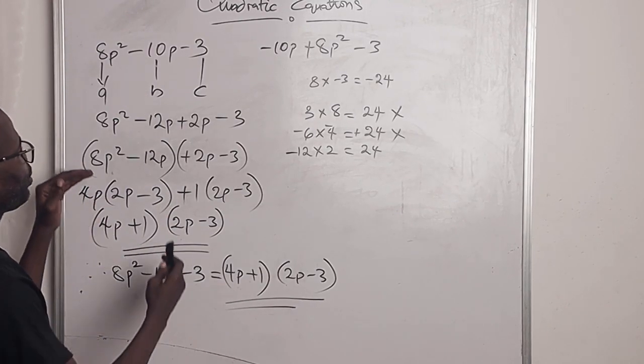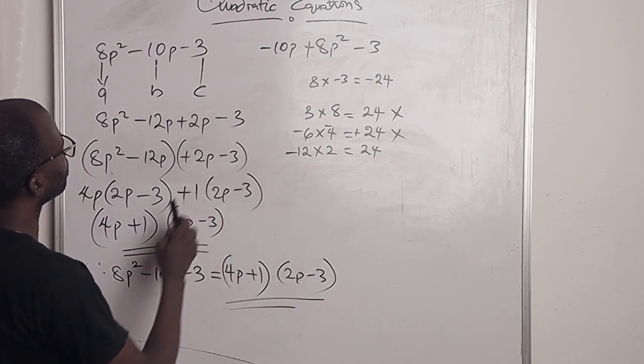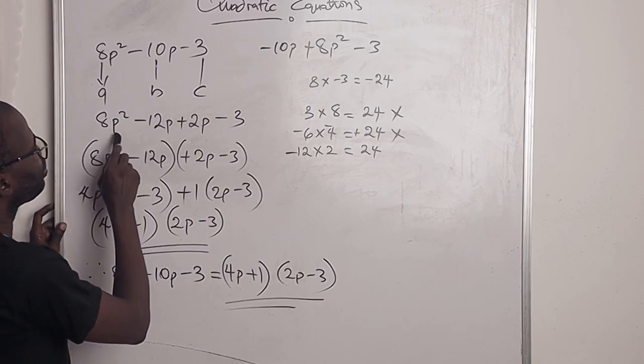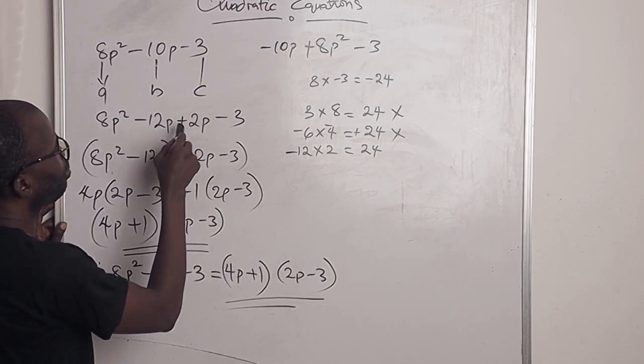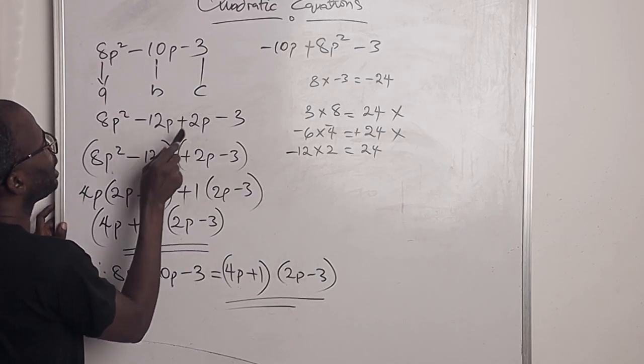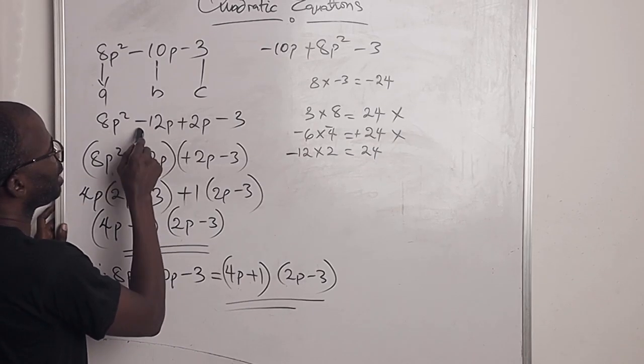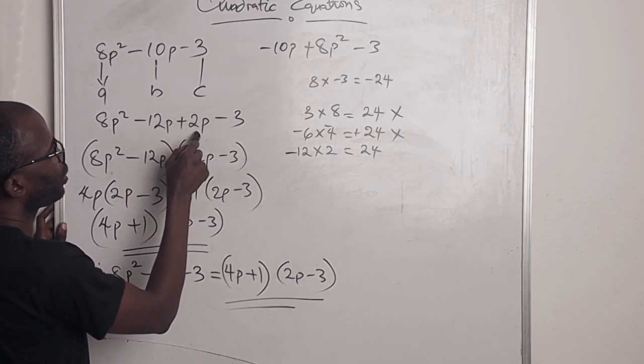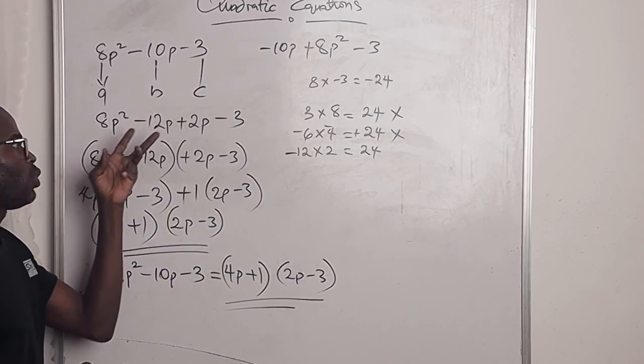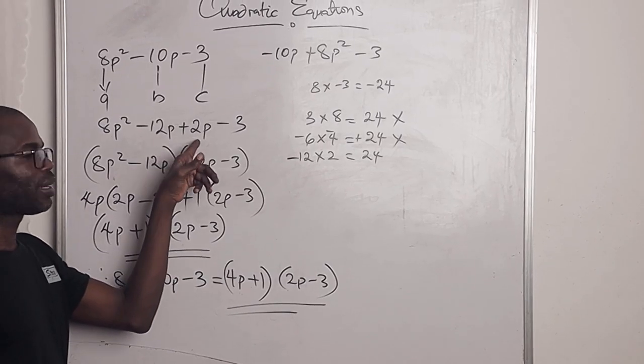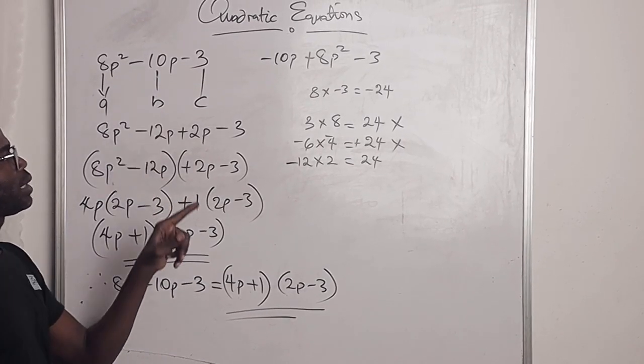That was how we were able to achieve this, in which we have 8p squared minus 12p plus 2p. Negative value of 12p plus positive value of 2p. If you are owing 12 oranges, you pay back 2, that will give you minus 10.